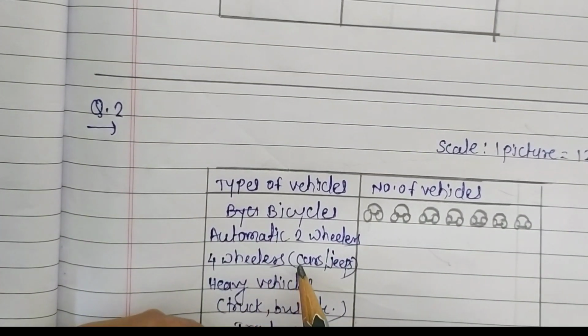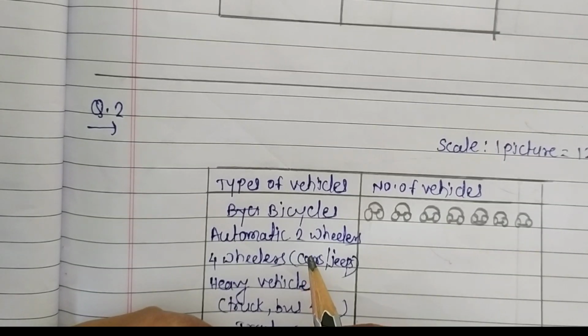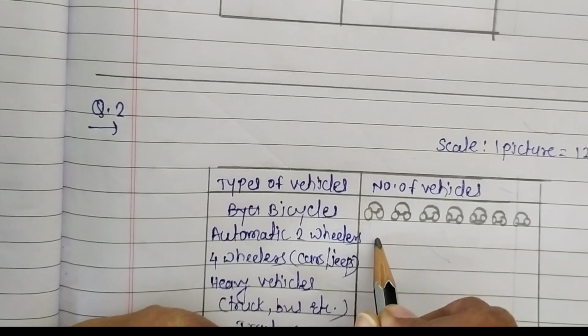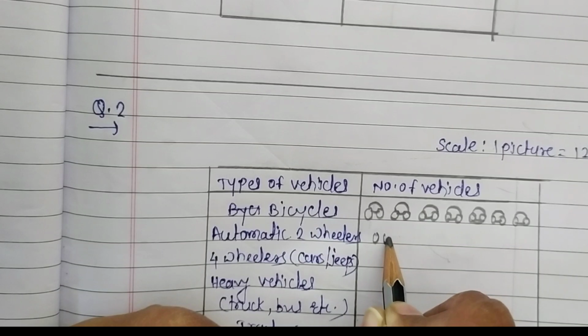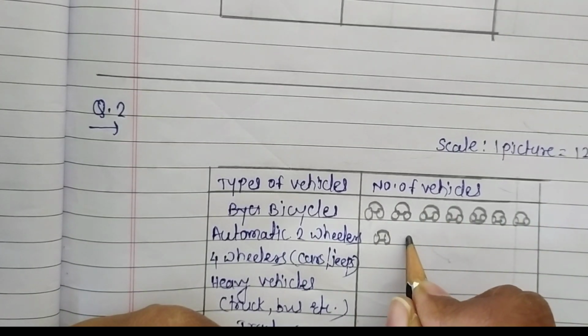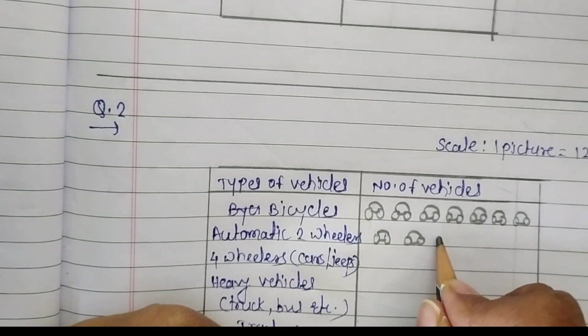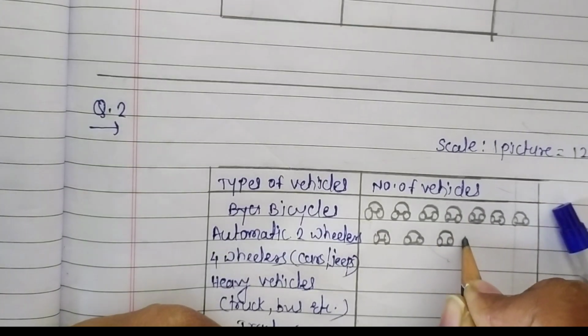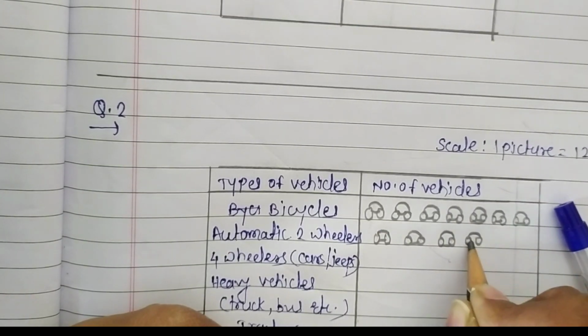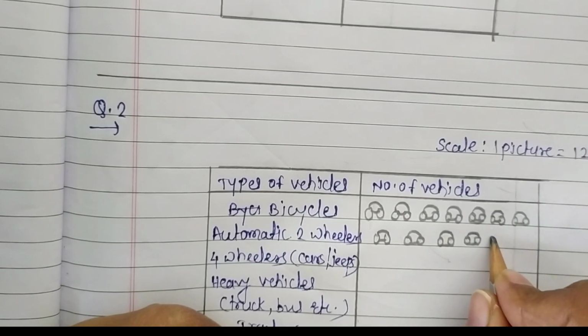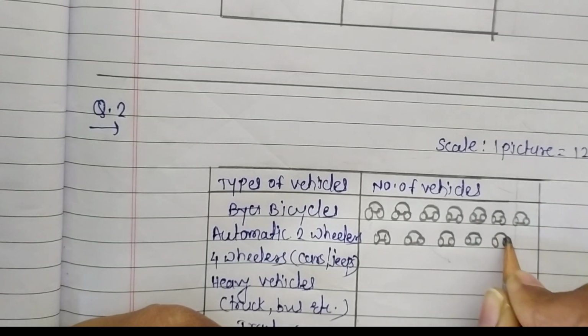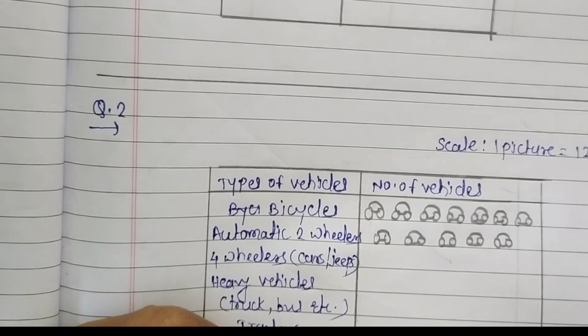Now automatic two-wheelers are 60 and we have to draw 5 pictures for it. Let's draw here 5 pictures. 1, 2, 3, 4 and 5.